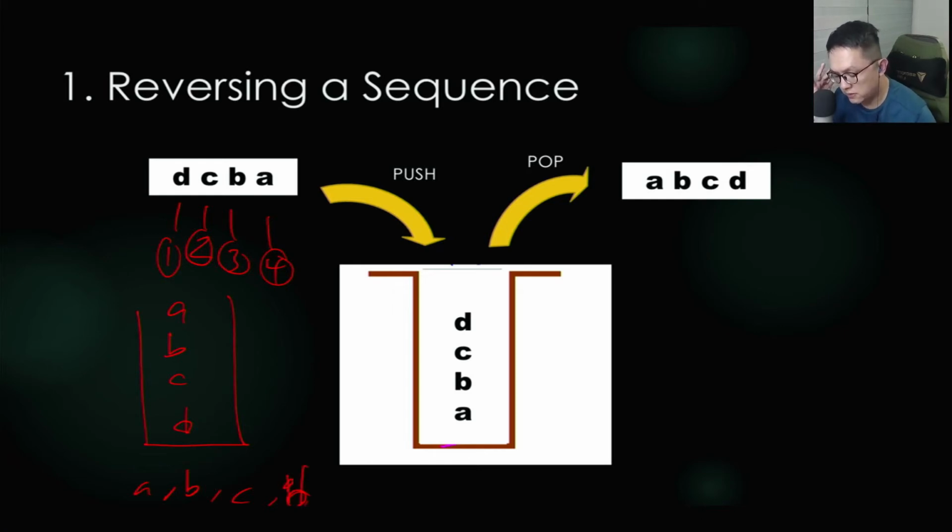This one is a bit counterintuitive because you are actually taking elements from the back, which is not the way we usually do it, but it's not wrong also.